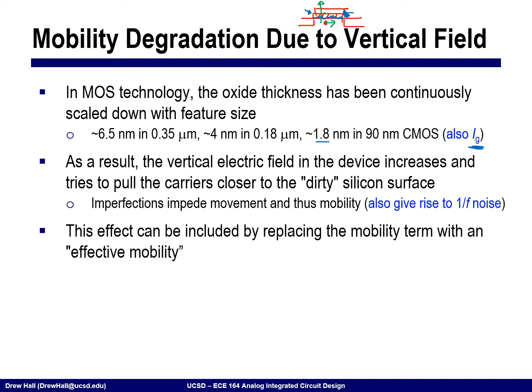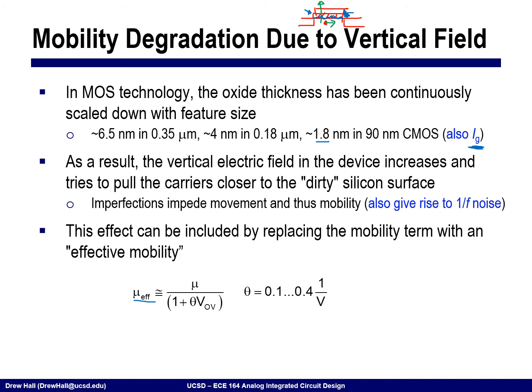So how do we deal with this in our equations? We can replace the mobility term with an effective mobility. Okay, and so we'll have this effective mobility replace mu and be a function of the voltages that we're applying to the device. So this mu eff, or mu effective, is going to be approximately equal to mu divided by 1 plus theta times the overdrive voltage.